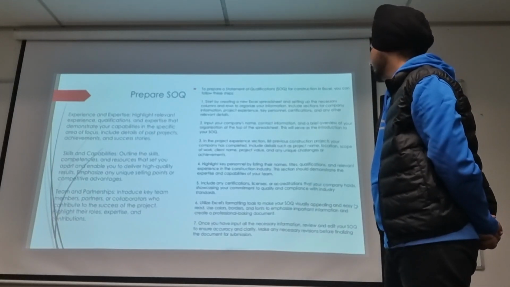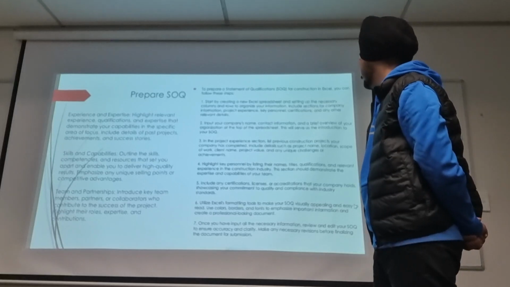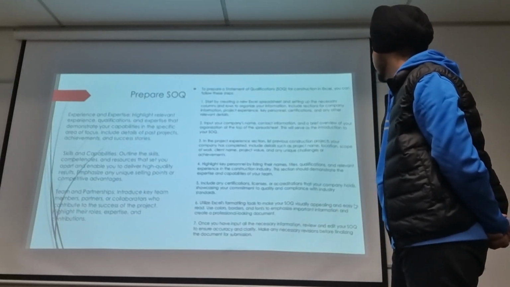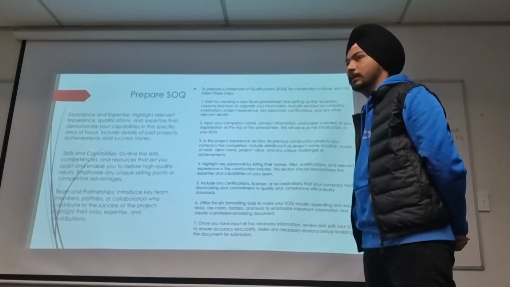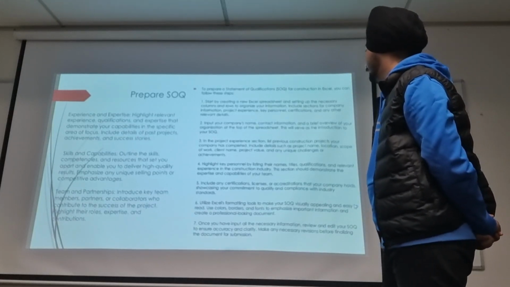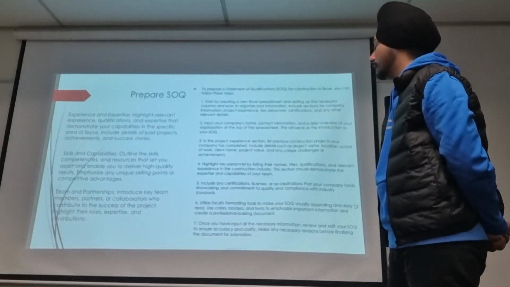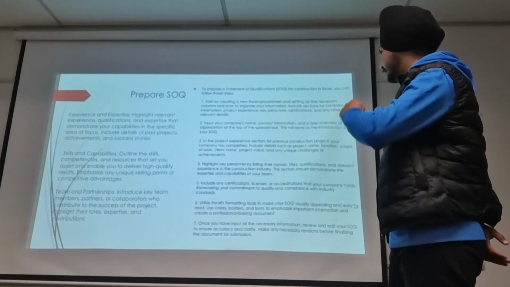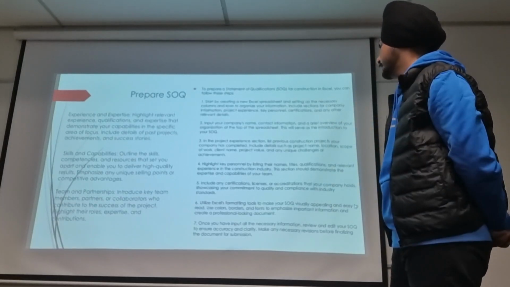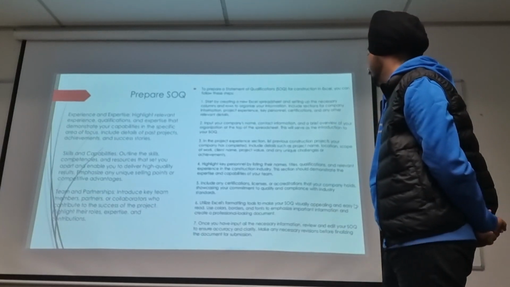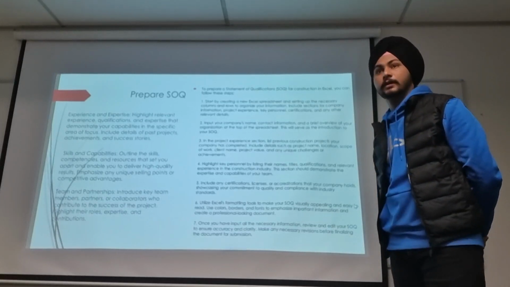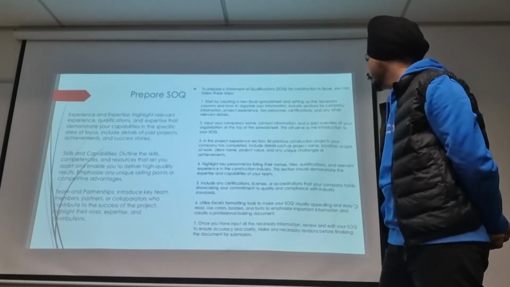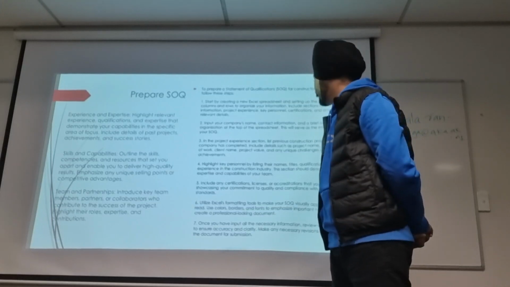Third, in the project experience section, list previous construction projects your company has completed. Include details such as project name, location, scope of work, client name, project value, and any unique challenges or achievements. Fourth step, highlight key personnel by listing their names, titles, qualifications, and relevant experience in the construction industry.